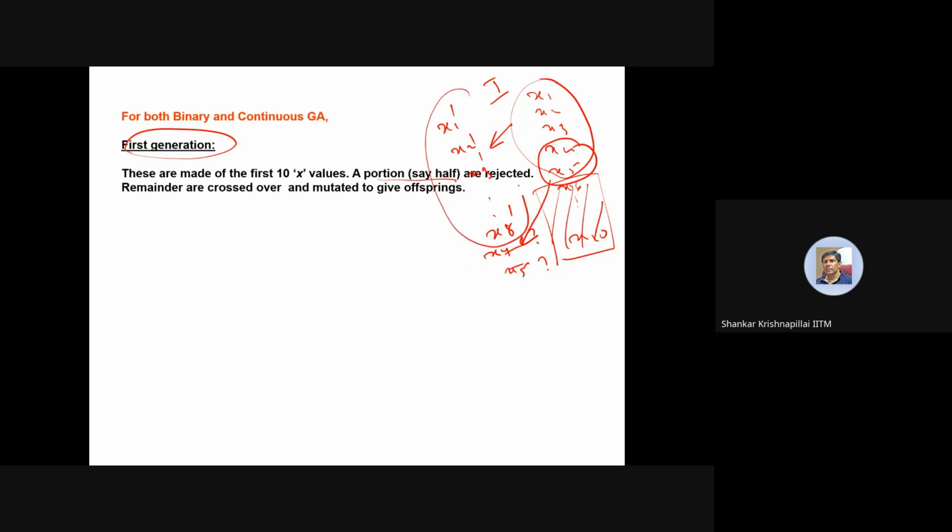That is, you partially fill the next generation with the offspring, and the remaining gap you fill with some good parents like this. Another option is that you completely fill the next generation with new offsprings: X1 apostrophe, X2 apostrophe, up to X10 apostrophe. All are new offspring from these 5 parents.